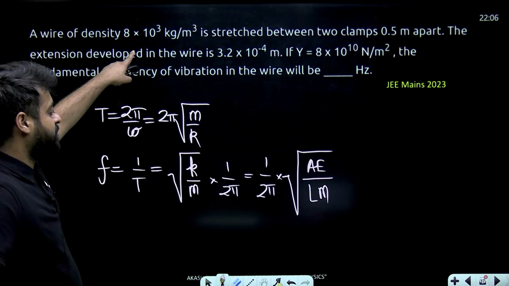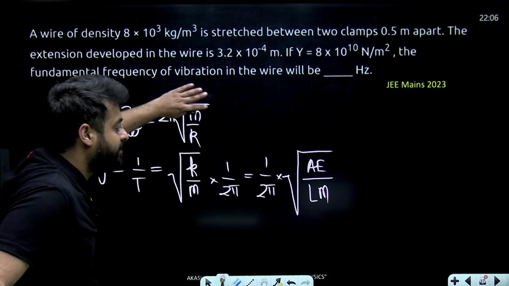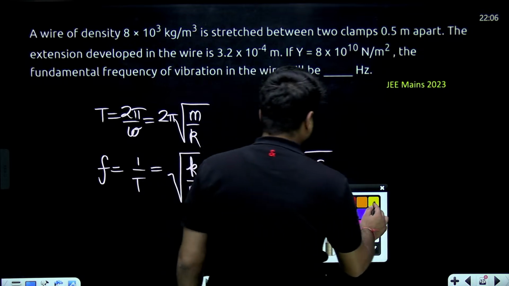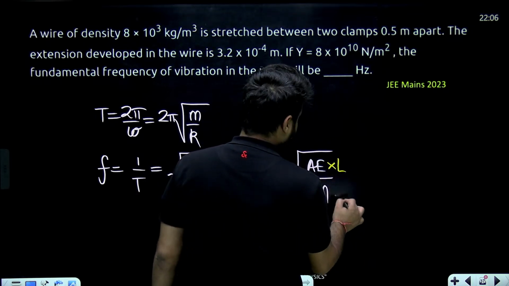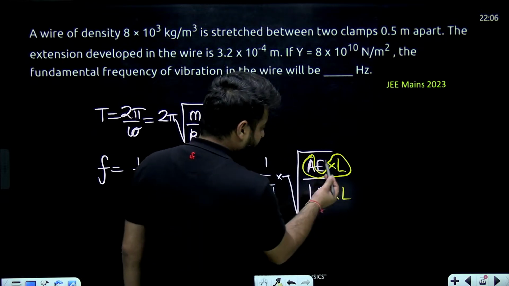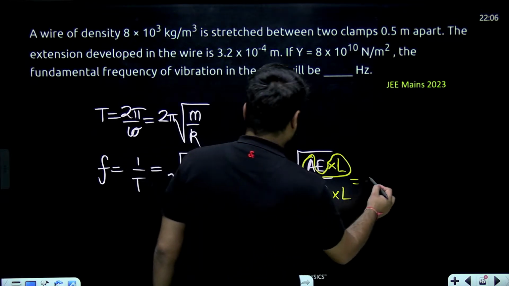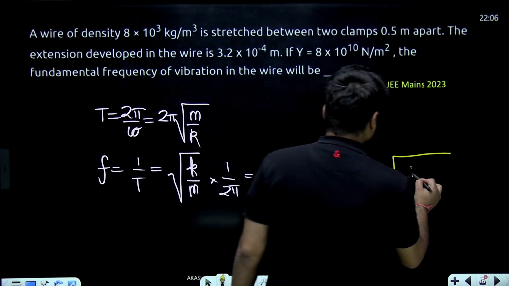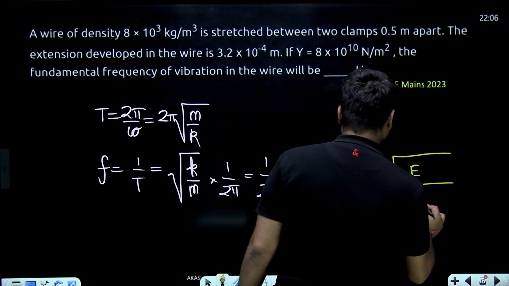Wire density is given, so I need to divide with something, volume. So what I am going to do is multiply the length. The area into length is the volume. Mass by volume is basically density. So 1 by 2 pi under root E upon density into length.